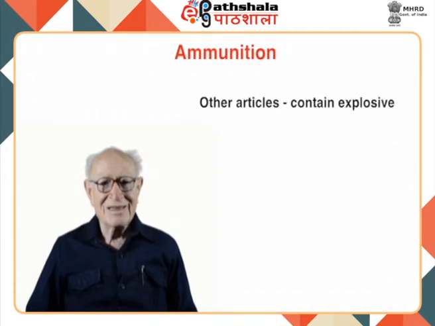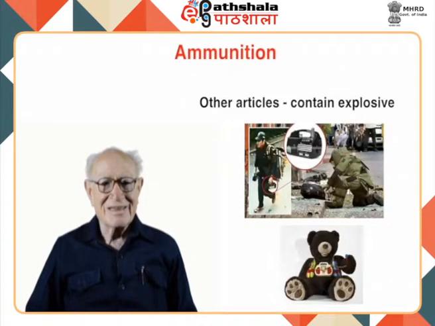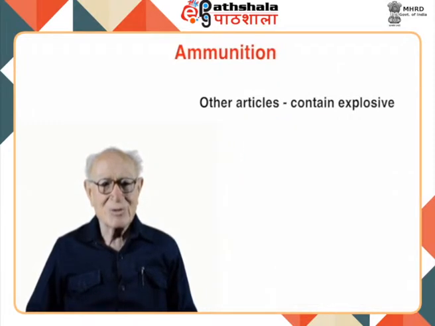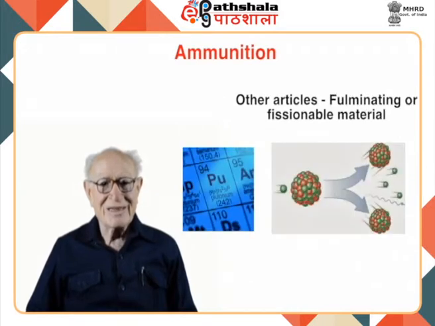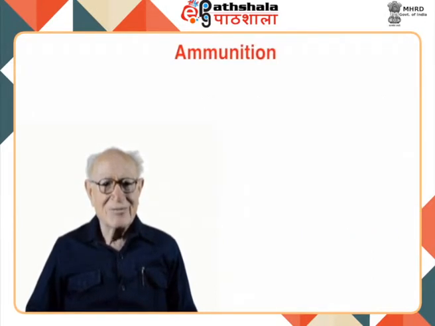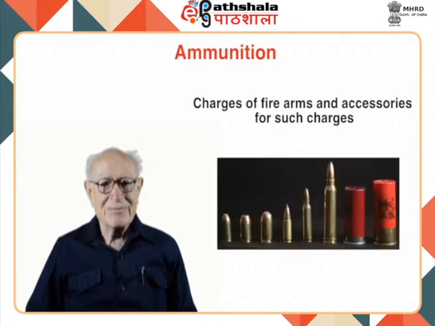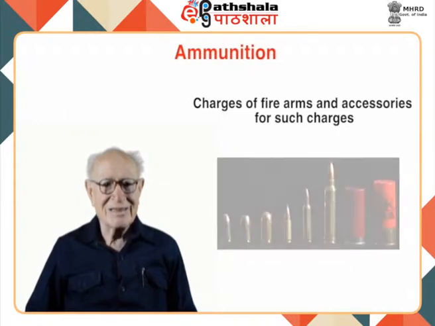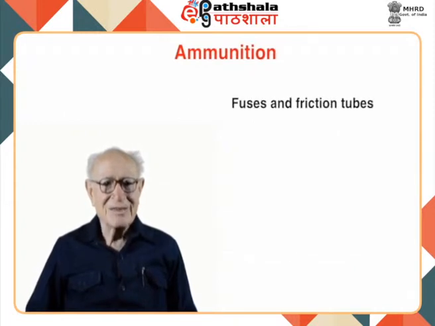3. Other articles containing, or designed or adapted to contain, explosive, fulminating or fissionable material or noxious liquid, gas, etc. 4. Charges of firearms and accessories for such charges. 5.